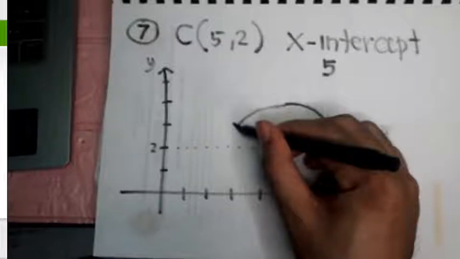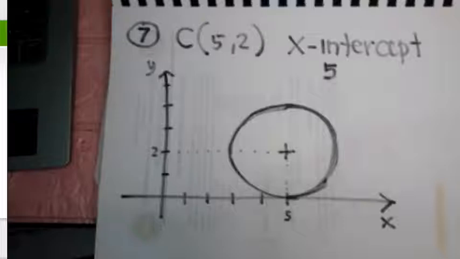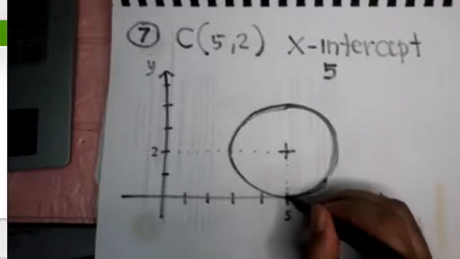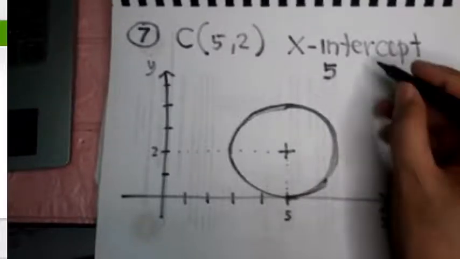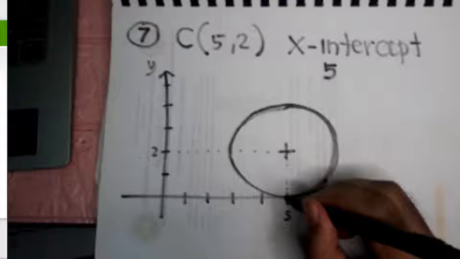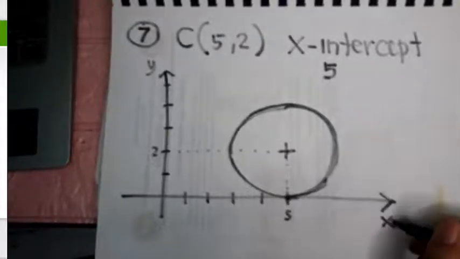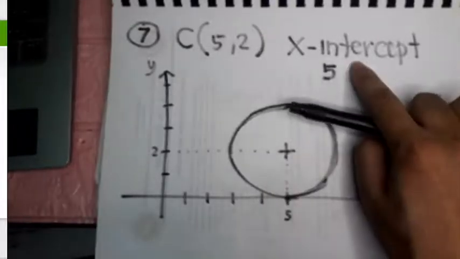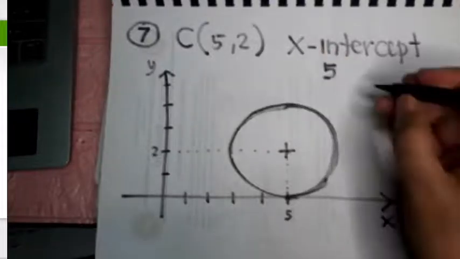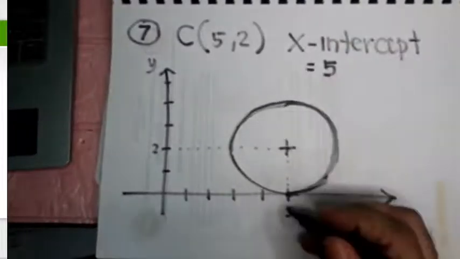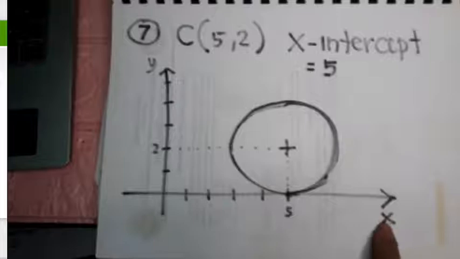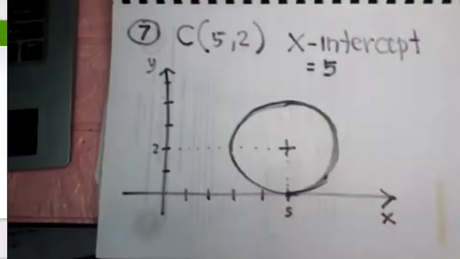This is the intersection of the circle and the x-axis. That is what we mean by x-intercept, and 5 is the x-intercept of the given problem.